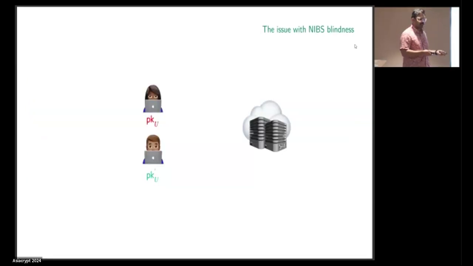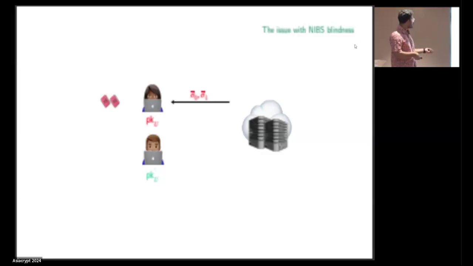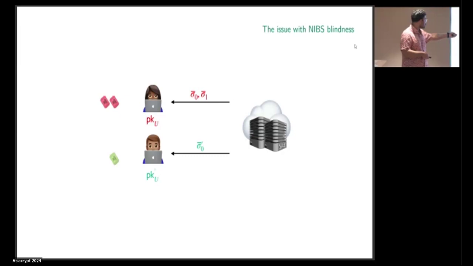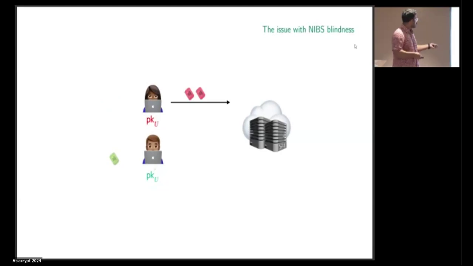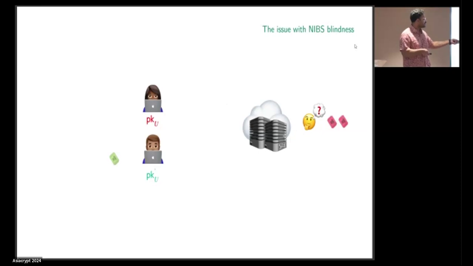So consider this very simple example where we have a red user and a green user. An honest but curious signer issues two pre-signatures to the first user, and then one pre-signature to the second user. Then later, when the first user comes back to the signer with two tokens, the signer can be almost certain that they must be from the first user, the red user.